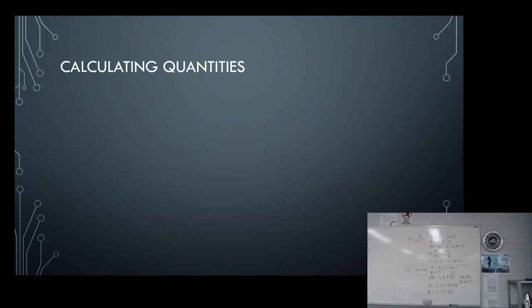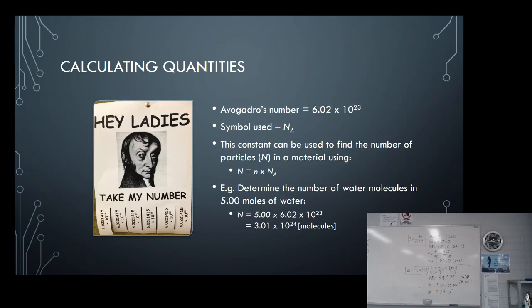Right. Last couple of slides here. Now, when you think of moles and the number of particles involved, I hope you're thinking about this number, 6.02 times 10 to the power of 23. This number is known as Avogadro's number, named after the guy Avogadro. Please do know it.